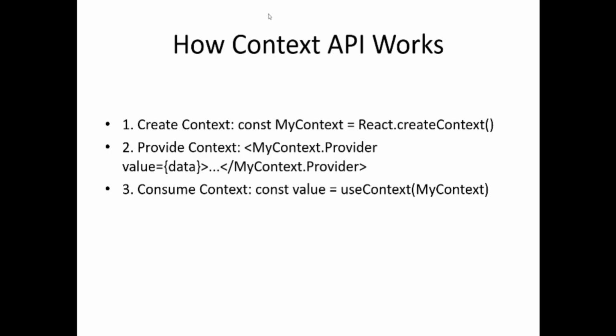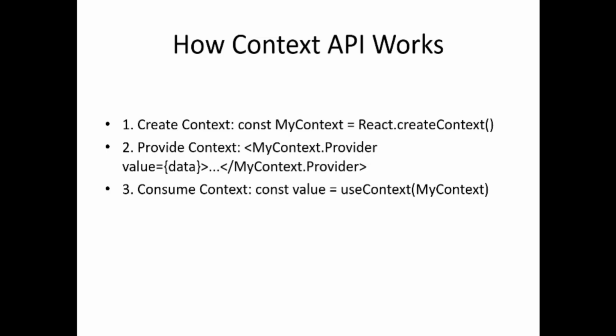Let's see how Context API works. There are three main parts of Context API: createContext, Provider, and useContext, or consuming the context. The createContext function creates a new context object.